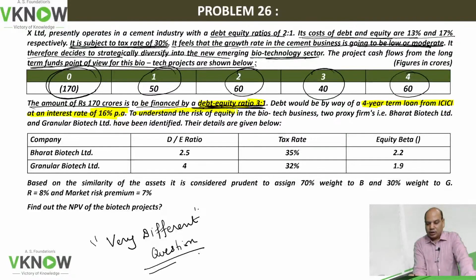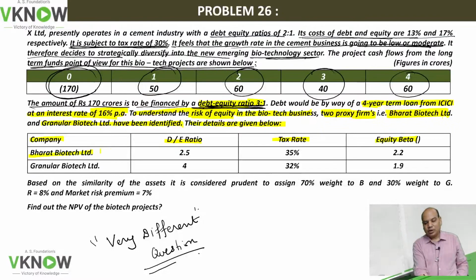To understand the risk of equity in the biotech business, that means to find the cost of equity, two proxy firms, Bharat Biotech and Granular Biotech Limited, have been identified. The details are given below: name of the company, debt equity ratio, tax rate, and equity beta.